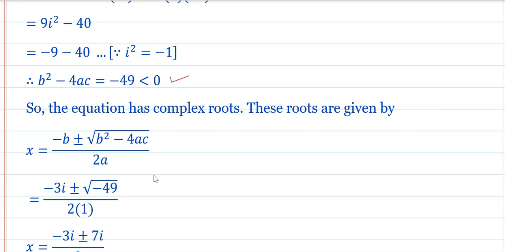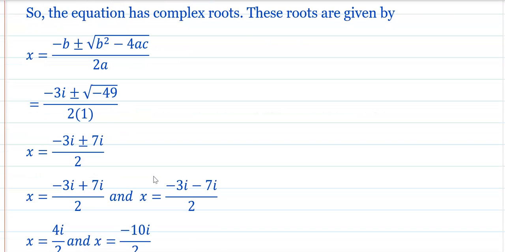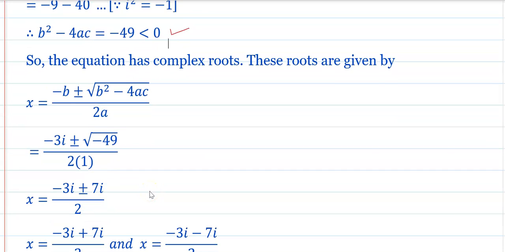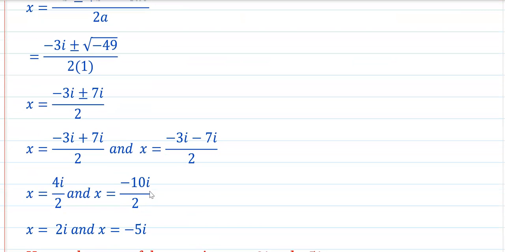These roots are given by x is equal to minus b plus or minus root of b square minus 4ac upon 2a. b is minus 3i plus or minus root of minus 49 upon 2 into 1. Root of minus 49 can be written as 49 in bracket minus 1.